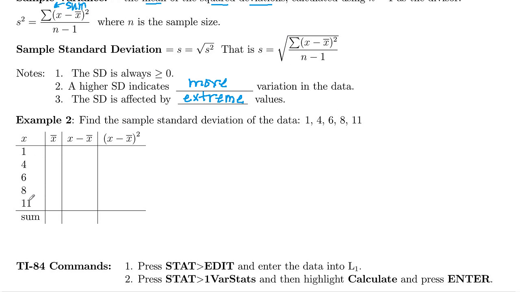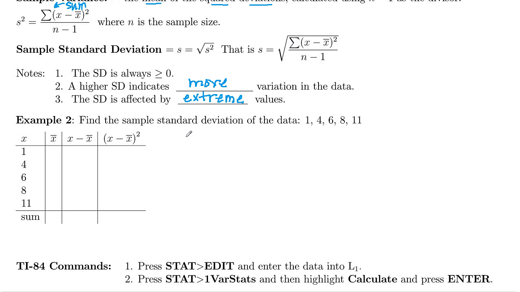I listed the x values in the first column, and then we'll list the mean in the second column, and then the deviation in the third column, and then we'll square all those entries in the fourth column. And then in the bottom row, we'll put our sums. This lower right-hand corner, the sum of the x minus x bar squared column, that's the numerator in our standard deviation formula.